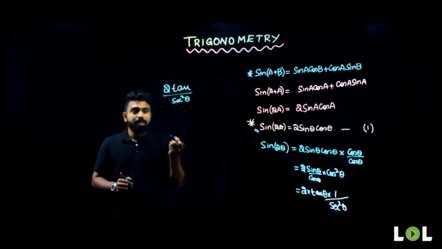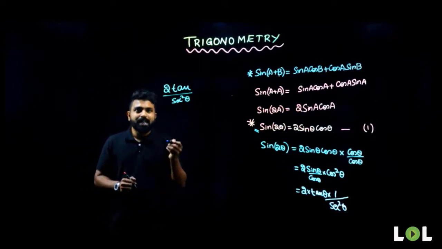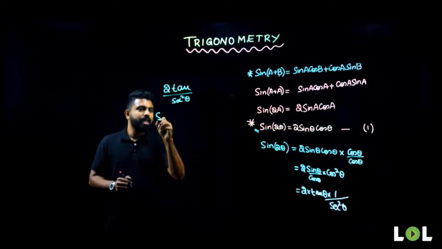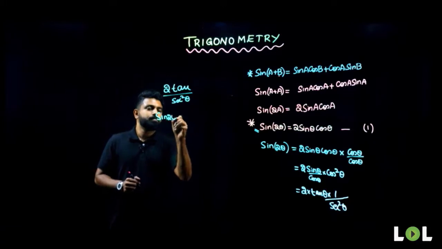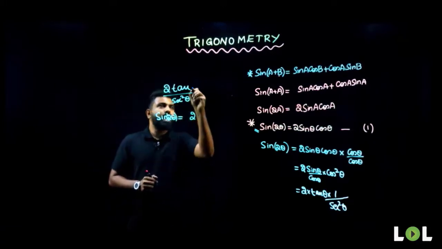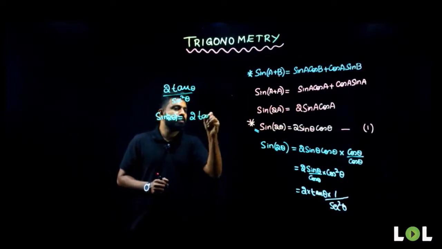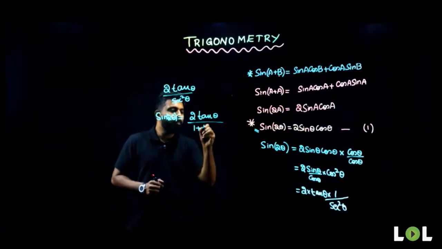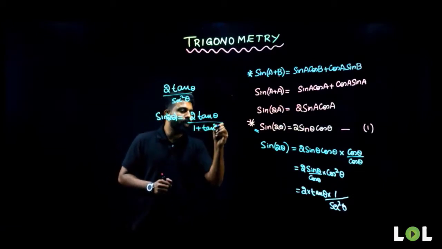We also know from the identity that secant square theta is equal to 1 plus tan square theta. So I can write my sin 2 theta as sin 2 theta equal to 2 tan theta divided by 1 plus tan square theta.